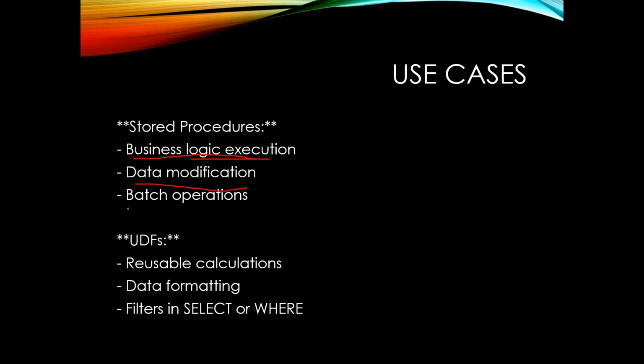And remember, when we perform transactions where we require rollback and commit, we use a stored procedure, and here we perform batch operations. It means within one batch we do multiple things. And for the user-defined function, here we have calculated columns, filtering data in queries, and reusable expressions.